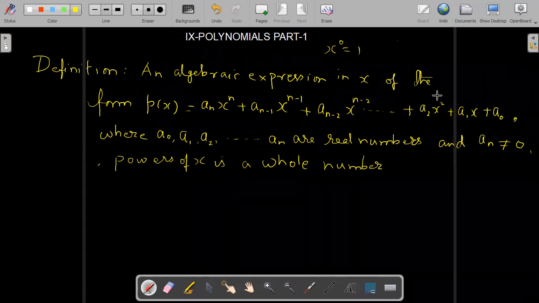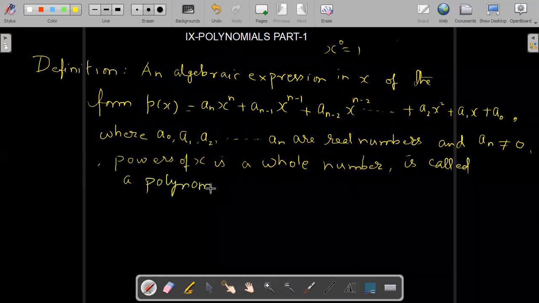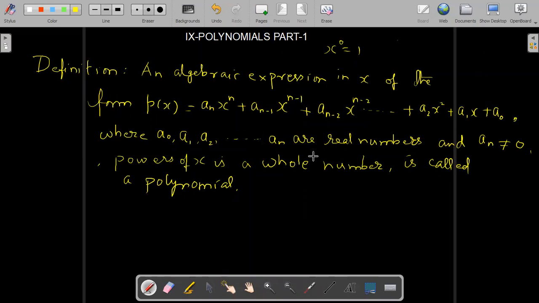So these are two things, and n is called its degree. An algebraic expression written like this is called a polynomial. So two things only we have to keep in our mind. One thing, the powers should be a whole number. And this is a polynomial in variable x.